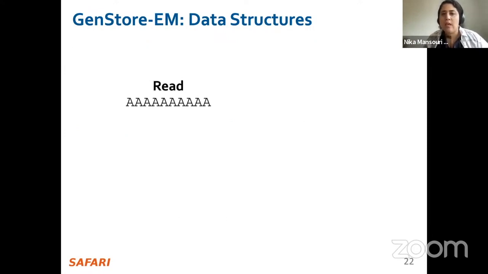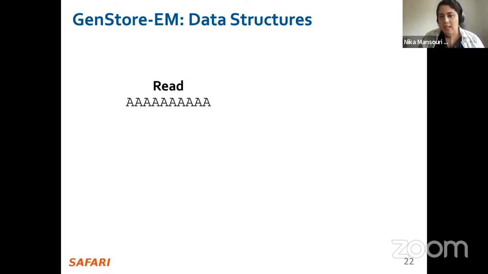Let me show you the key idea of GenStore-EM with a simplified example in which each short read consists of 10 characters. Usually this can be around a few hundred characters, let's say 150, but for the sake of simplicity of this example, I want to show a read that has 10 characters.